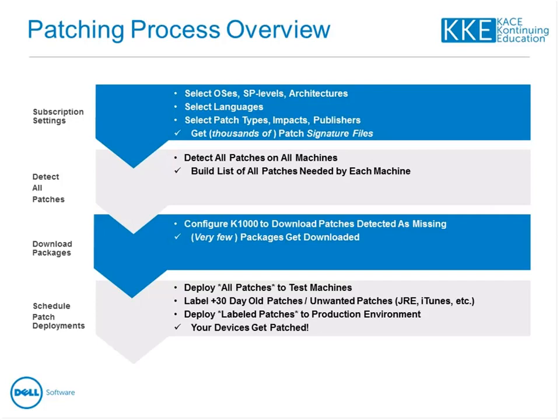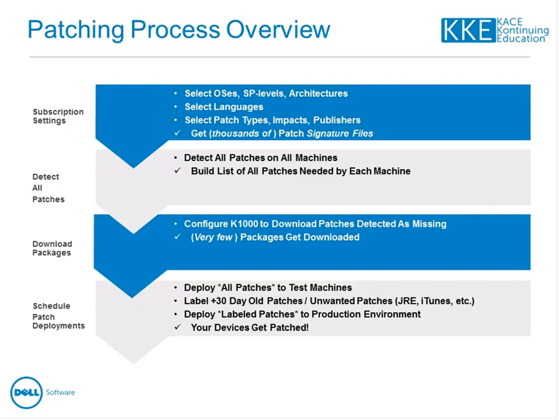Generally, I see about 7,000 to 9,000 on people's K1000s, depending on what they've subscribed to. These are all the signature files for all the patches that might be needed on our computers, all the ones that are compatible with our subscription settings.